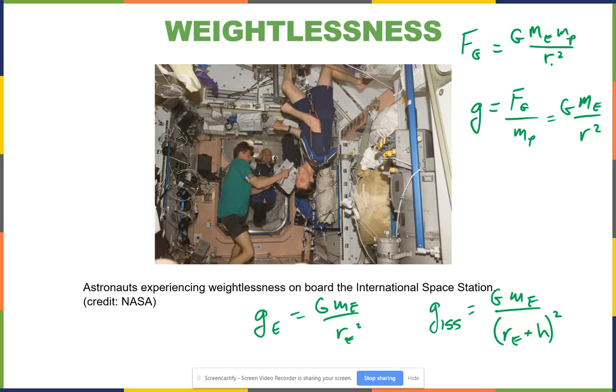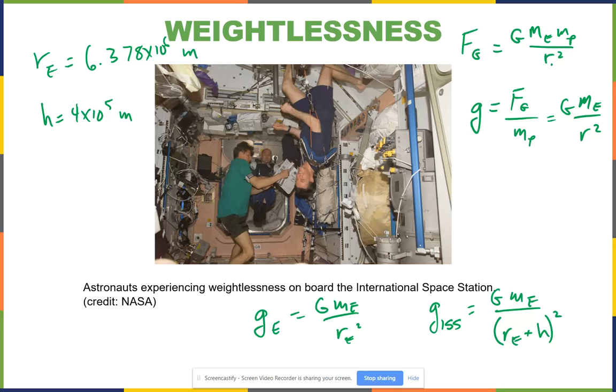I think it's 400 kilometers, or 4 times 10 to the 5th meters.